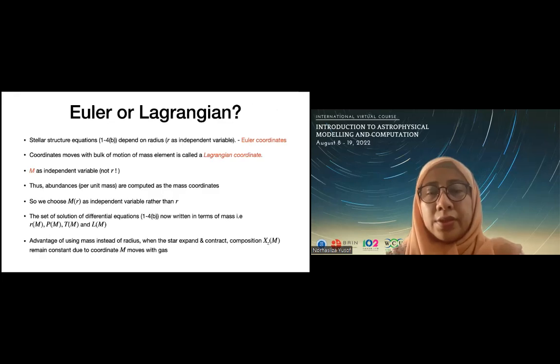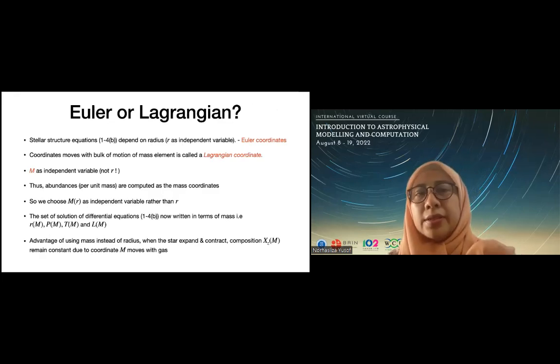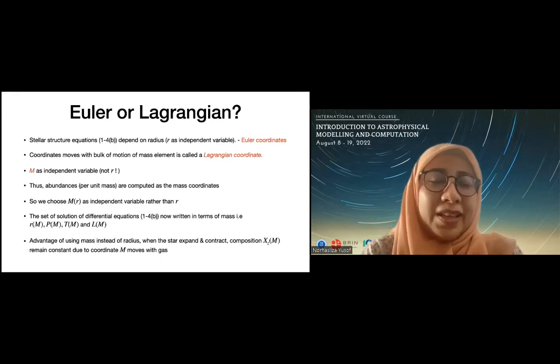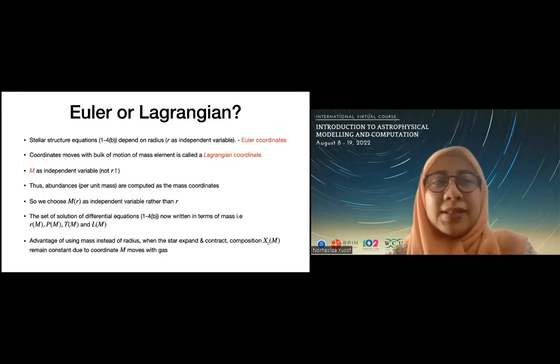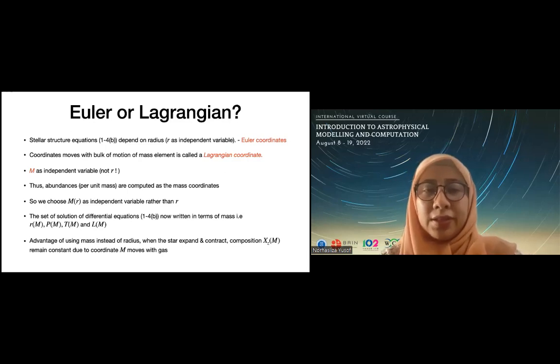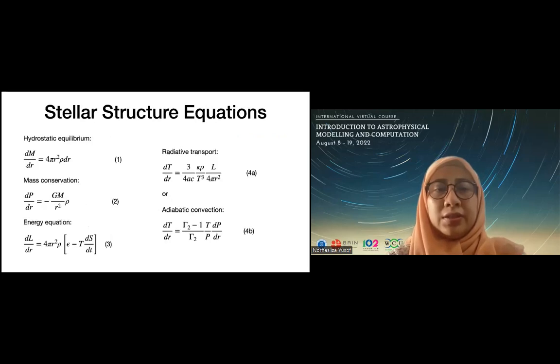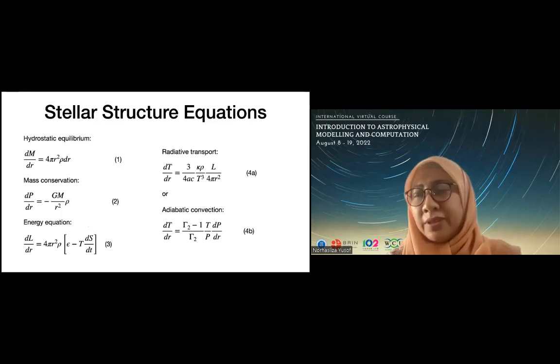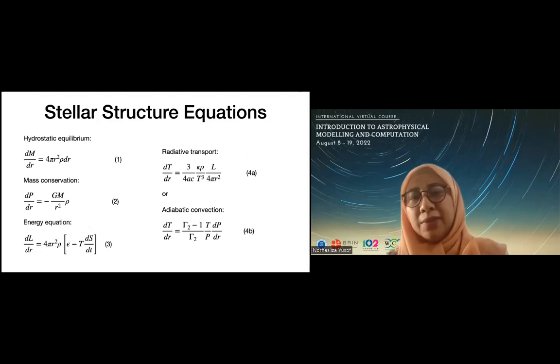So the next question is whether we want to calculate in terms of Euler or Lagrangian. This is one thing we have to consider when we want to solve for stellar evolution. The original equations here, 1 until 4b, are in the Euler coordinate, in other words a Cartesian coordinate, because it moves with the radius of the star.